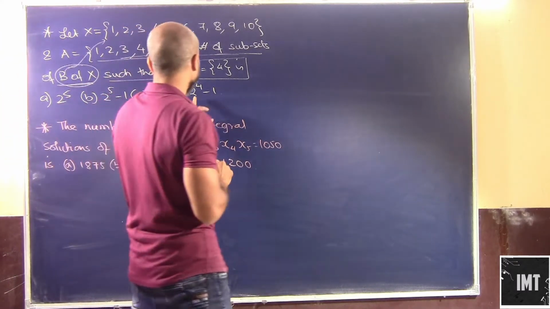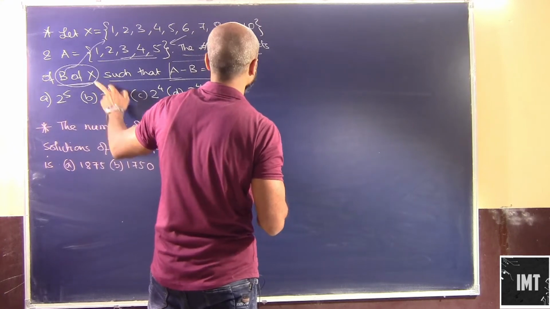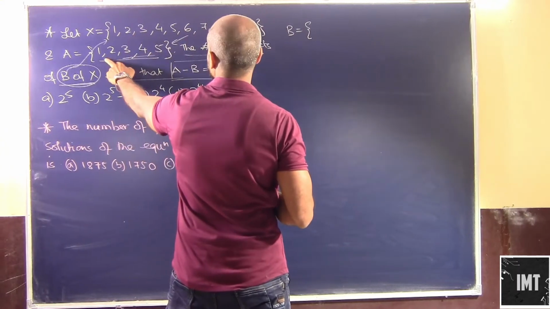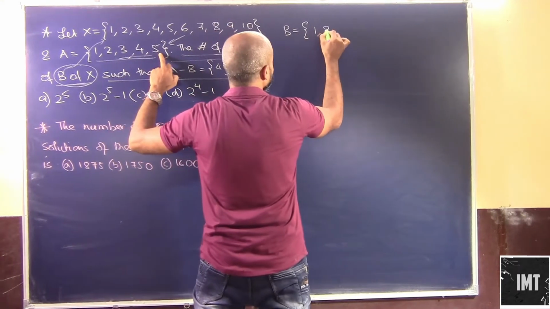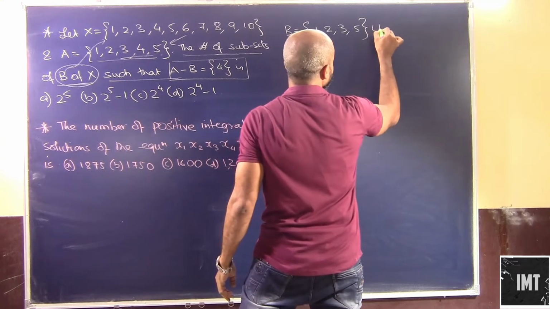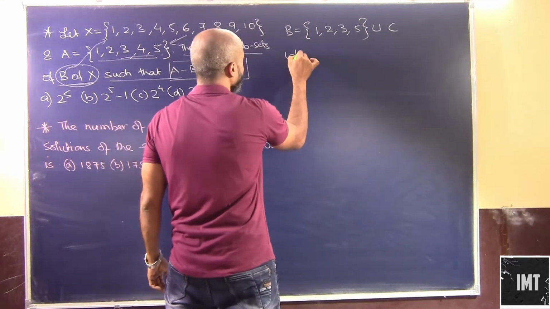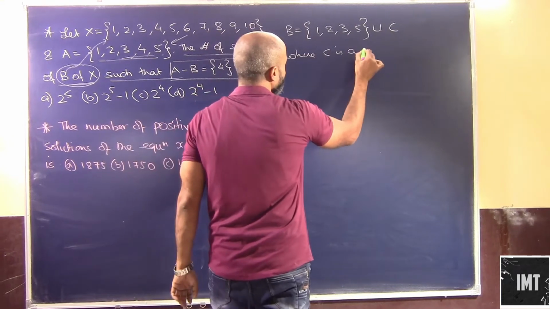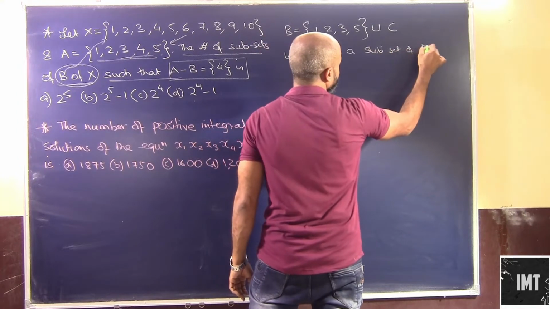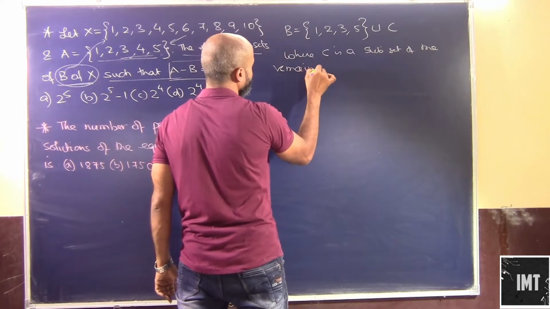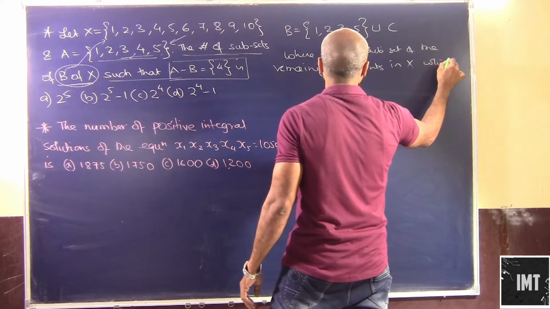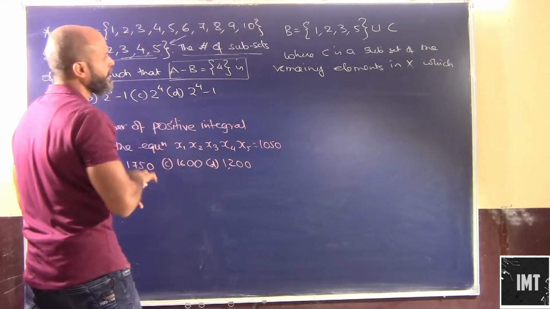So now we have to think about the number of subsets B of X. Now B has to contain 1, 2, 3, 5, and it is basically a union of a set C, where C is a subset of the remaining elements in X. First of all we have to select all those elements of A apart from 4.